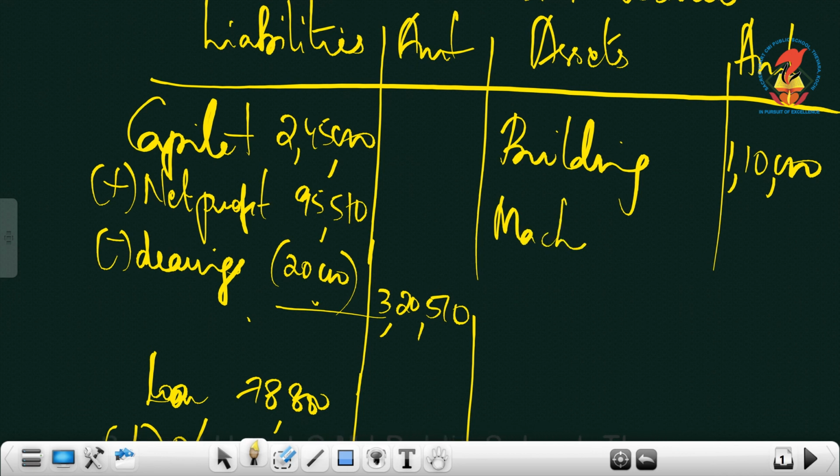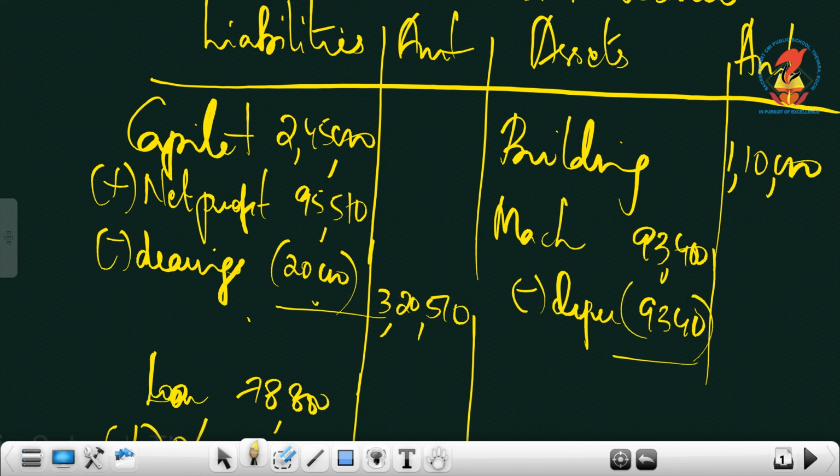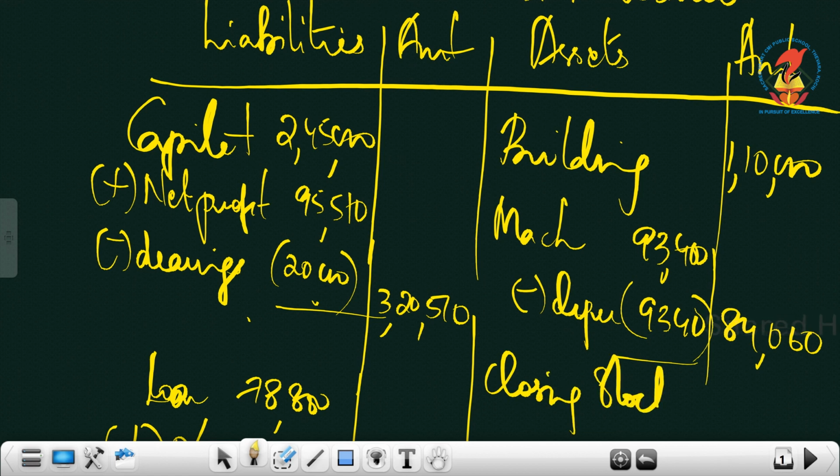Then for machinery you have adjustments, so deduct that. It is 84,060. Then we can write closing stock when you start your current asset section. That is 2,30,000.